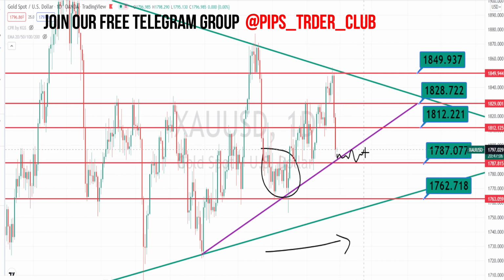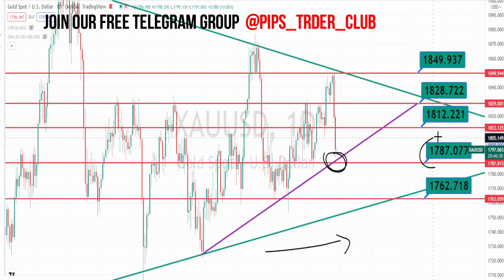It can consolidate within this support level of 1787, or it can even fall a little bit further and consolidate within this support and resistance level of 1787 and 1762. Currently this trend line or the support line is preventing the market from falling down.